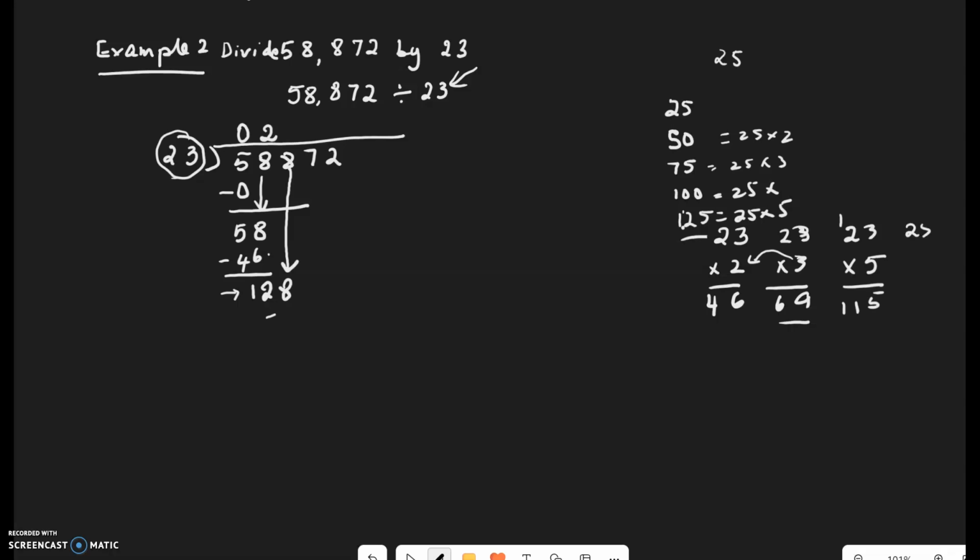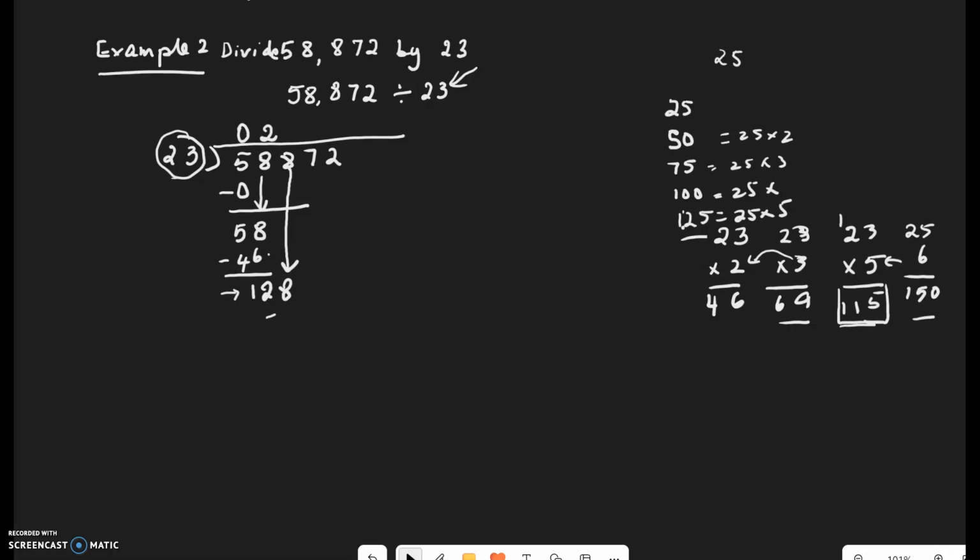And 25 times 6, 6 quarters would make $1.50. So that's too big. So because it's a 128, we cannot go 25 times 6, so we have to go with the one previous.